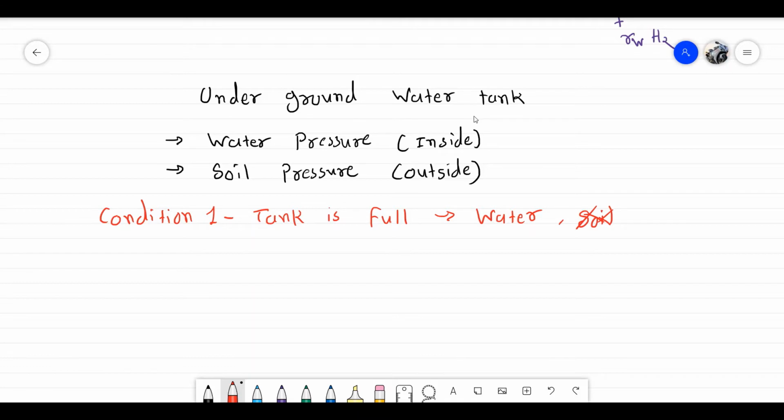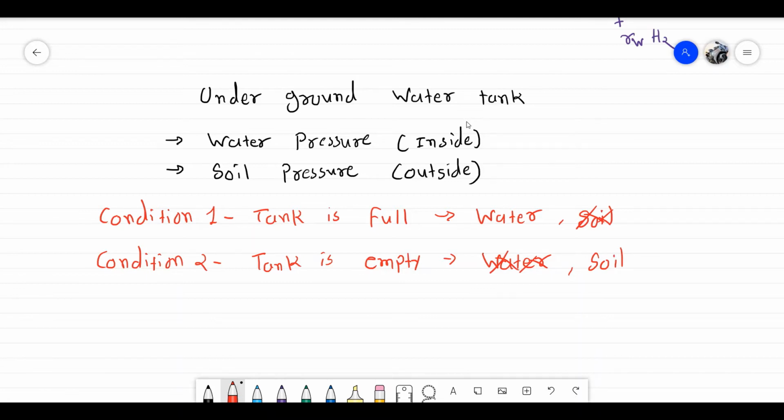In condition 2, we assume the tank is empty. In this second condition, we neglect water pressure and we calculate soil pressure.